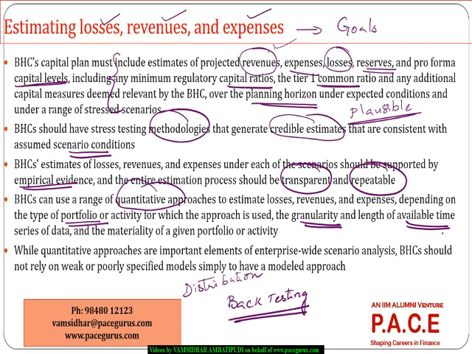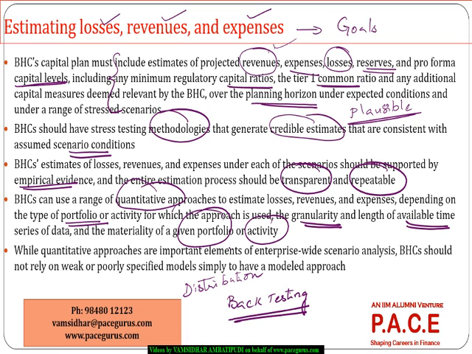It can do the estimate for a short term or long term or both of them, depending on the kind of time series data that is available. And they can be done separately for each activity or for a portfolio as well. Now, different kinds of quantitative methodologies can very well be applied for estimating all these aspects.